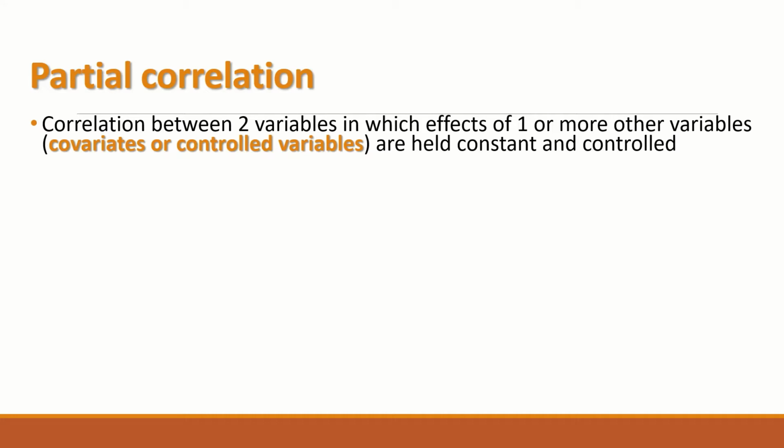So you have two variables and you have a covariate, and you will control, remove, or exclude the effect or the influence of those variables on the original two variables.